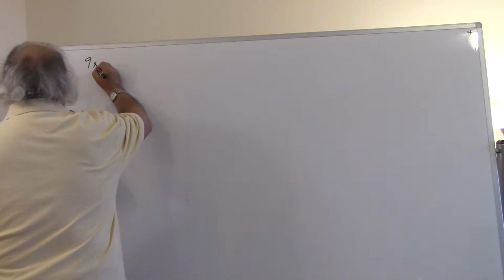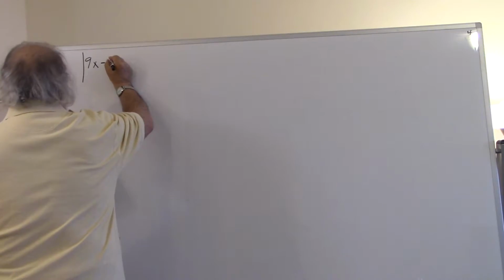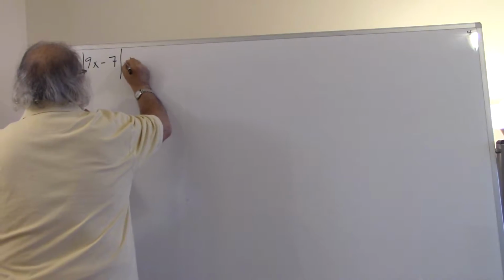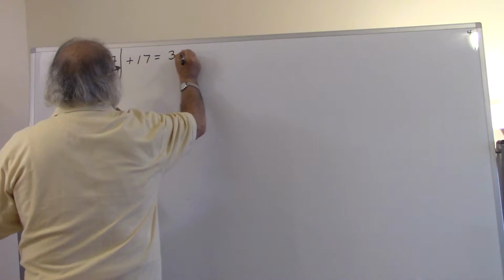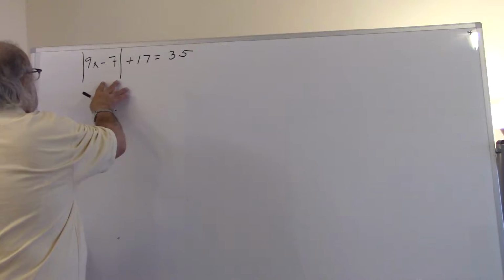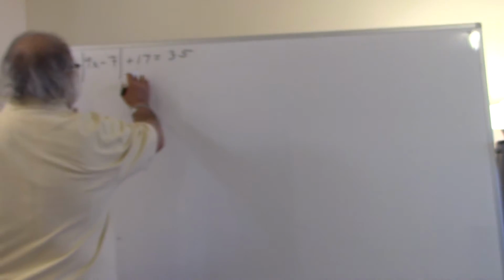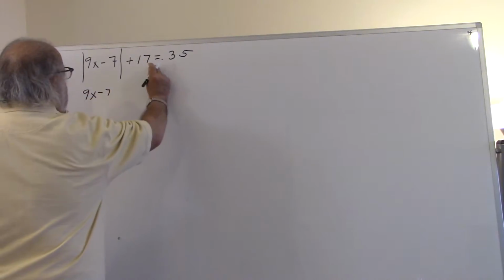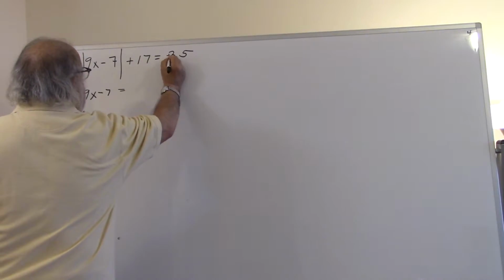X plus 17 equals 35. This is the greater value. So first you get rid of this here. 9x minus 7. Now make this a plus.